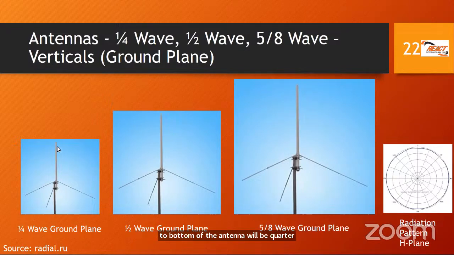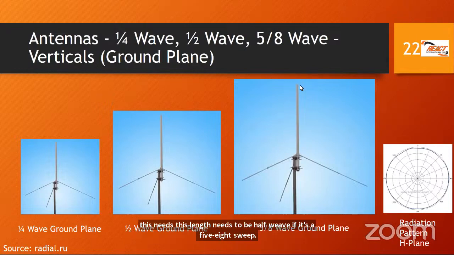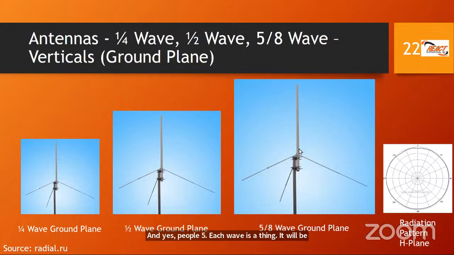Whether it's 2 meters or 6 meters or whatever the frequency is, it needs to be quarter wavelength of that frequency. If it's a half wave antenna, well, the construction is very similar, but this length needs to be half wave. If it's a 5/8 wave, and yes, people, 5/8 wave is a thing, it will be 5/8 of the wavelength.